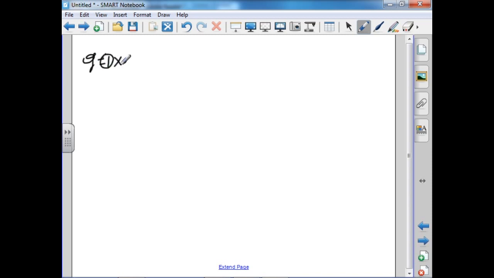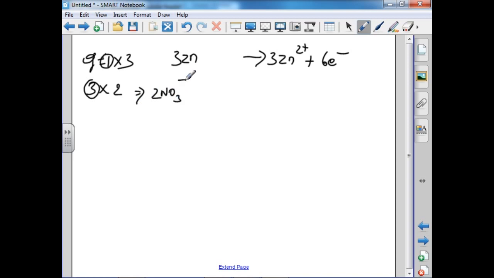Equation number 1 is multiplied by 3. So 3 Zn gives 3 Zn2 plus plus 6 electron. Equation number 3 is multiplied by 2, it gives 2NO3 minus plus 8H plus plus 6 electron gives 2NO plus 4H2O.